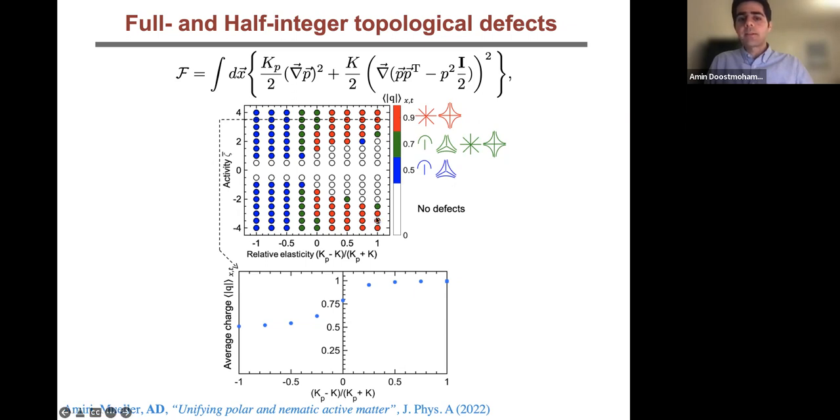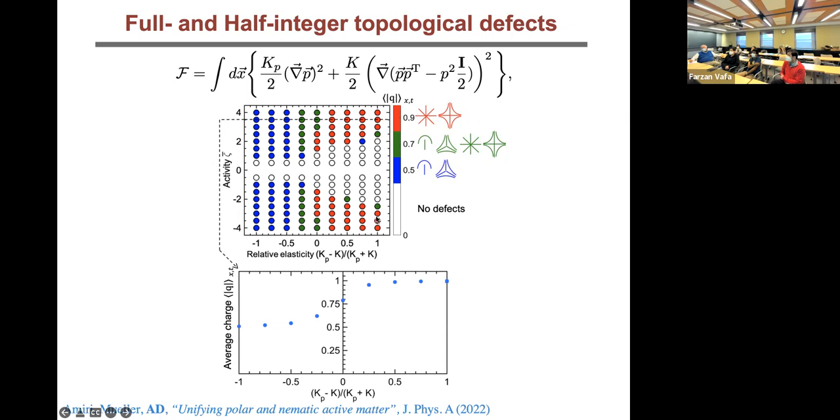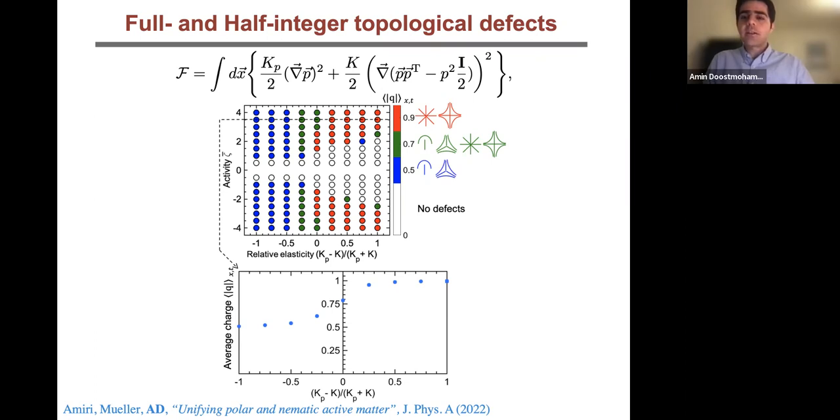But I'm asking about a regime where you could get both, depending on the initial condition. You are asking if, for the same parameters, starting from some initial condition I end up with all full integer and from another all half integer.